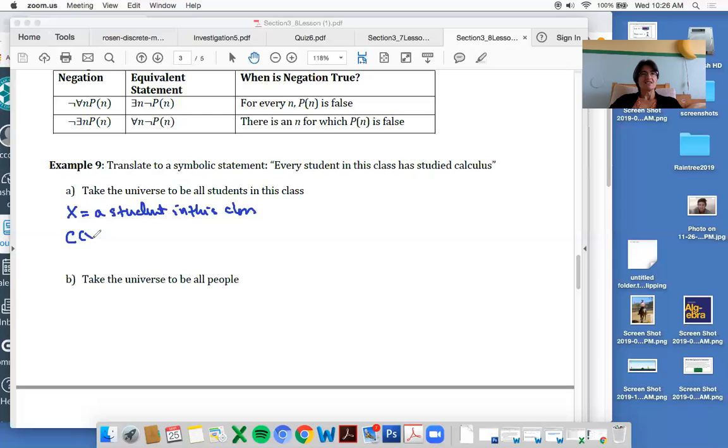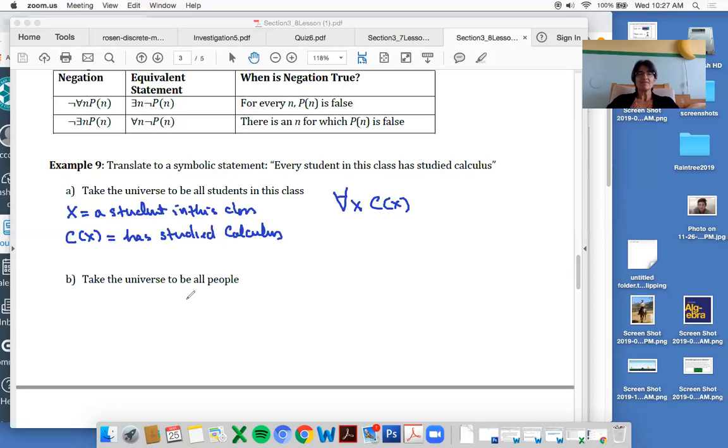And let's say C is the proposition that somebody has studied calculus. So to translate every student in this class has studied calculus, every is the universal quantifier. x means a student in this class because that's the universe that we're interested in. And then the proposition: every student in this class has studied calculus.